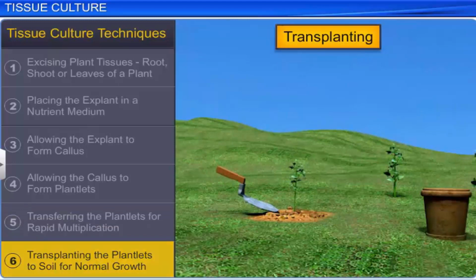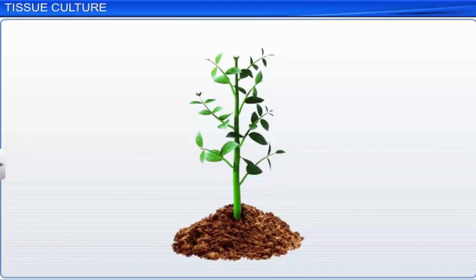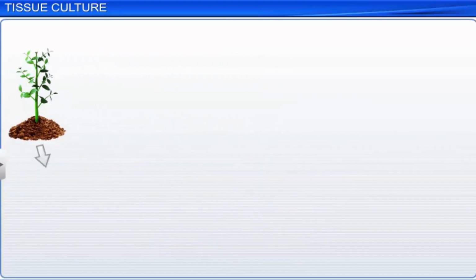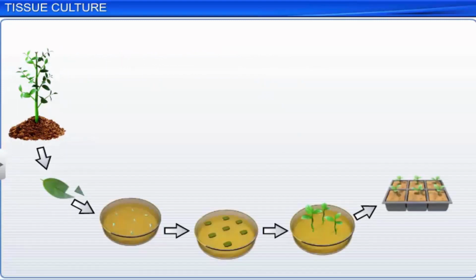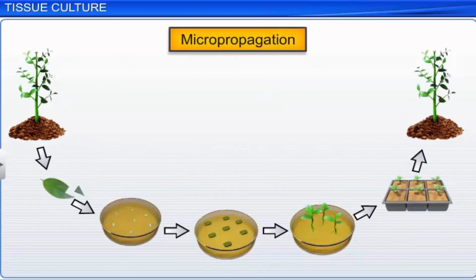Therefore, tissue culture is performed using a small part of a plant to develop many plants, and so is also called micropropagation. As all these plants are developed from the same part of the parent plant, they are genetically identical and called somaclones.